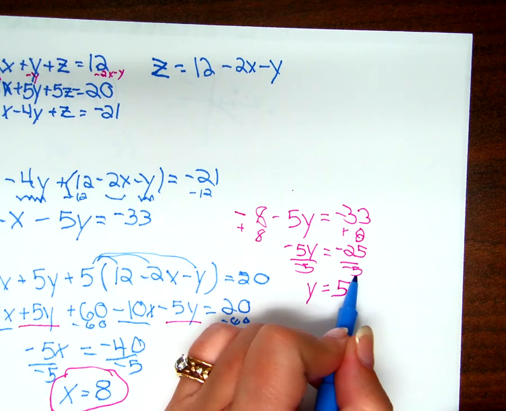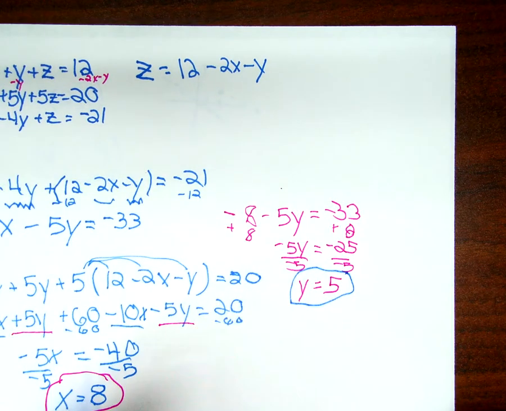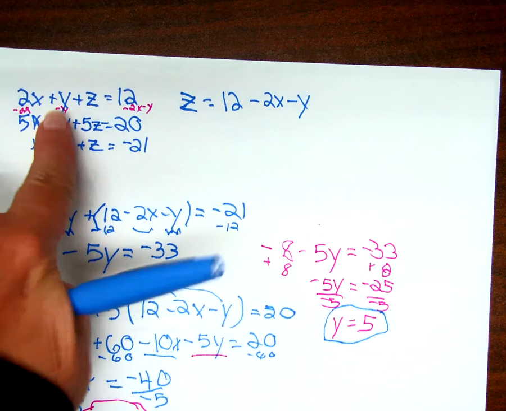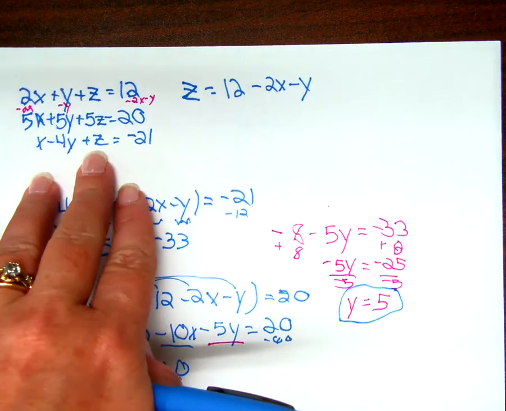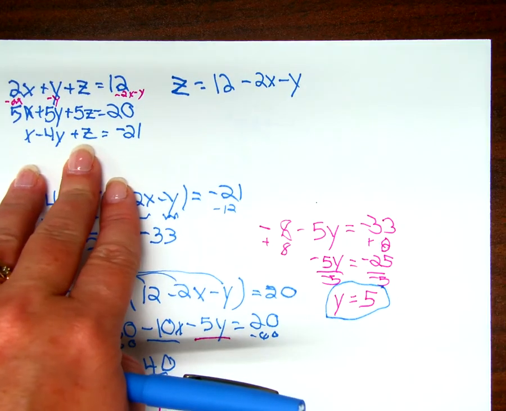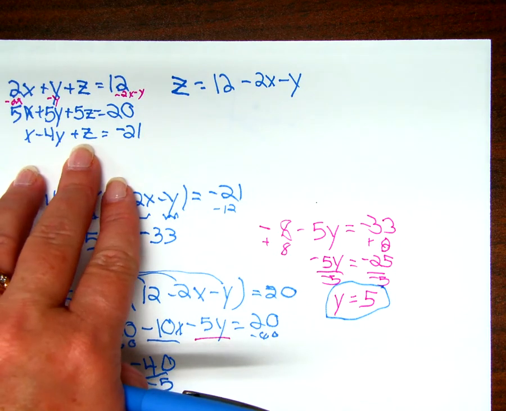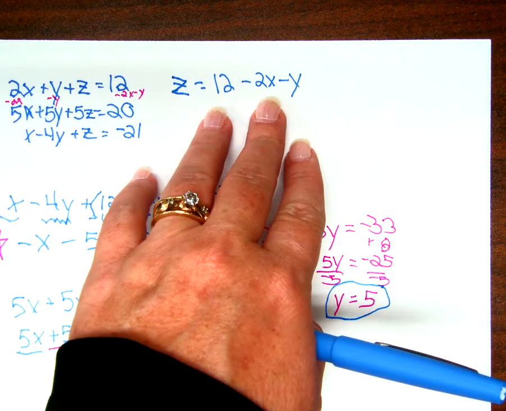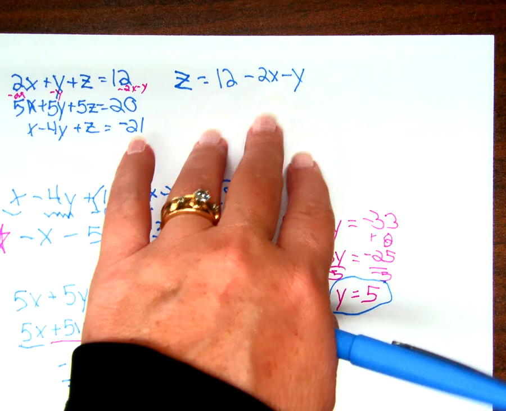And so now we can plug them in for z. Now, some people earlier wanted to go over here to the original equations. Is that a possibility? Is it the smartest possibility? Where's the smartest possibility? Here, right? Z is already solved for right here. Go back here.